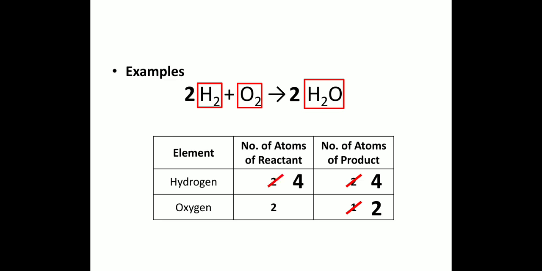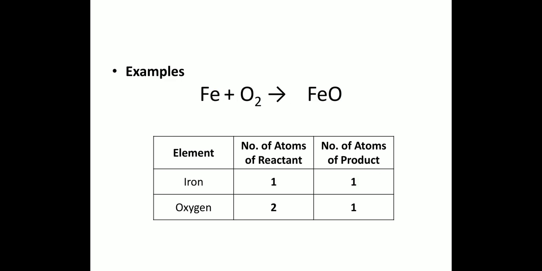So for balancing hydrogen, we put 2 on the reactant side. Now look, hydrogen 4 on reactant side, hydrogen 4 on product side, oxygen 2 on reactant side and 2 on product side.